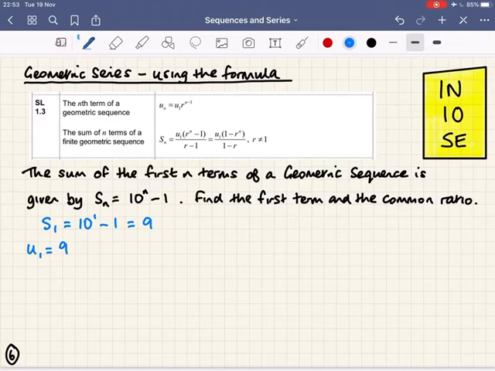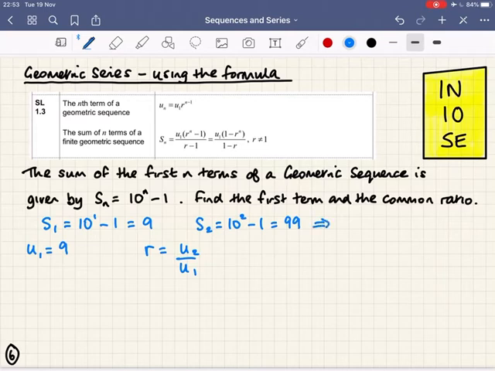The sum of the first 2 terms is going to be 10 squared minus 1, which equals 99. So the common ratio, r, is the second term divided by the first term.